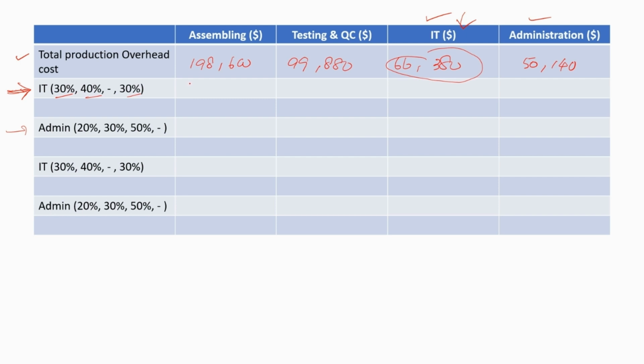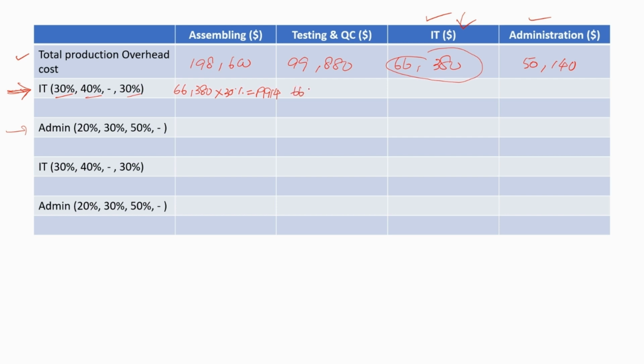The total production overhead cost under the IT service cost center is 66,380. We are going to distribute 30% of this value to the assembling line, which is equal to $19,914.